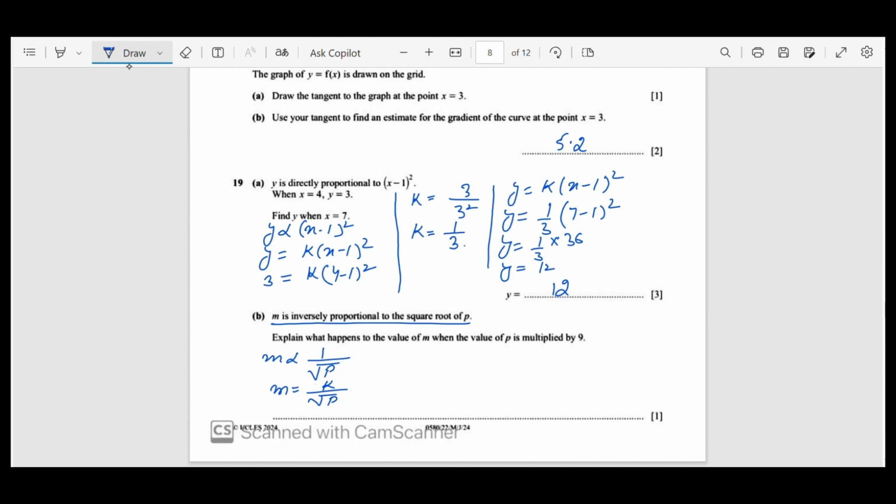So m will be equal to k over root of 9p. So m will be equal to k over 3 root p. So it is divided by 3. So what happened to the value of m? So m will be divided by 3. Right.